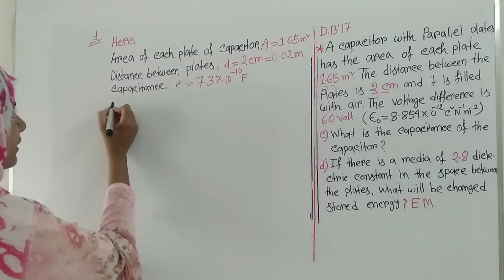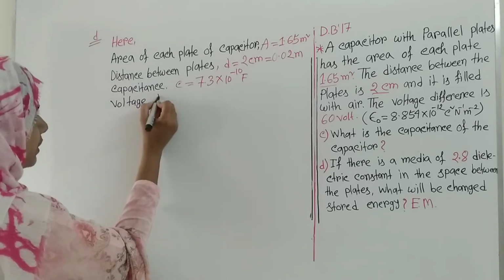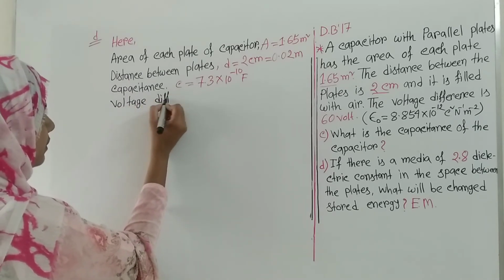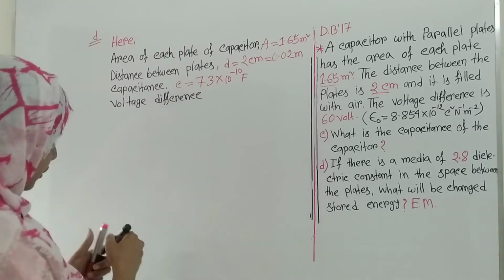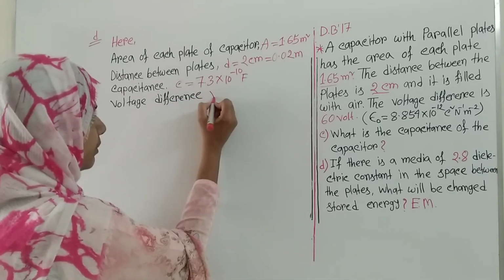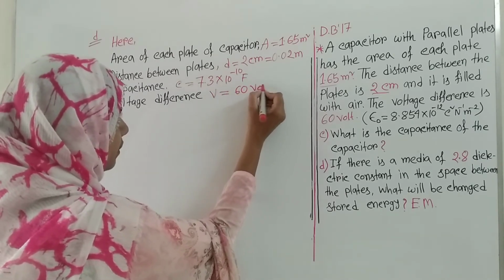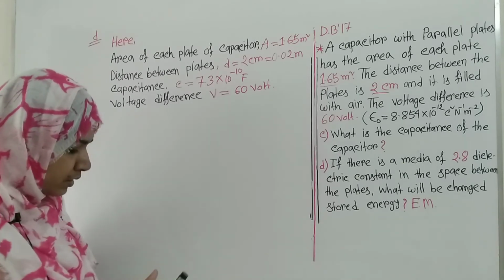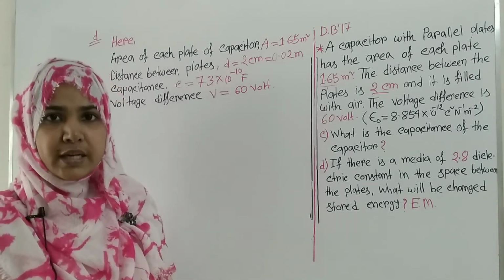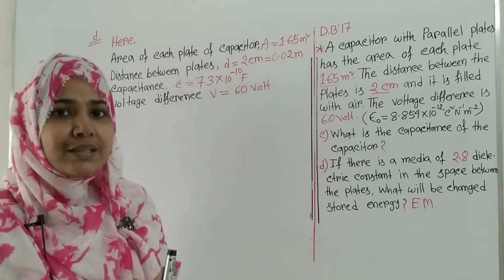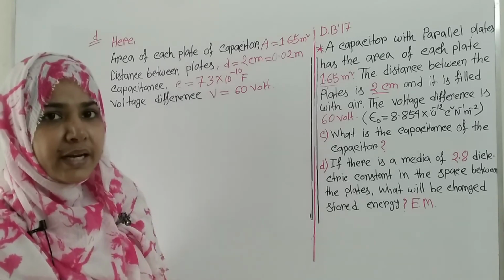So we can write that voltage difference is denoted by V. So the value of V is given here 60 volt. As in the question they mentioned the changed stored energy, we have to calculate the stored energy before adding the dielectric constant and after adding the dielectric constant.